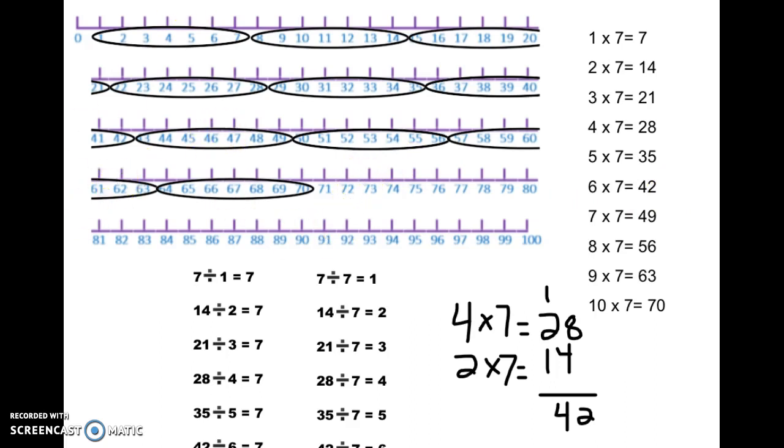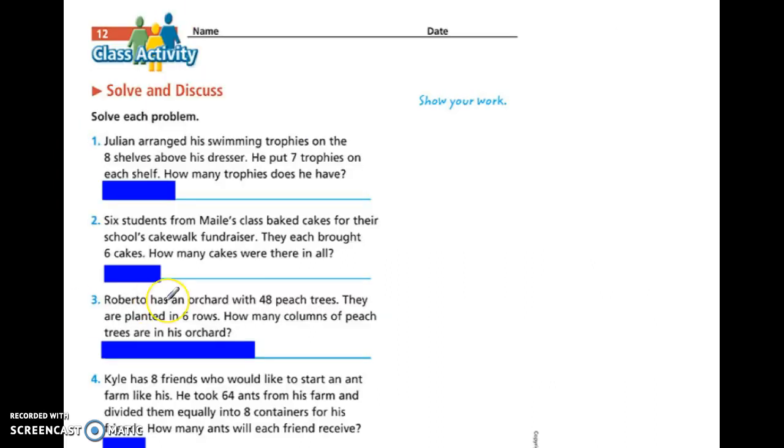The last thing that we're going to be talking about is a couple of word problems to practice solving. All right, here's one. It says, Julian arranged his swimming trophies on 8 shelves above his dresser. He put 7 trophies on each shelf. How many trophies does he have? I like to circle my numbers here.